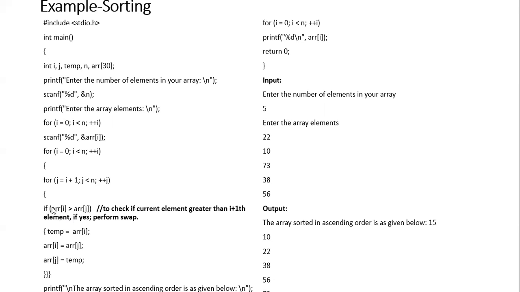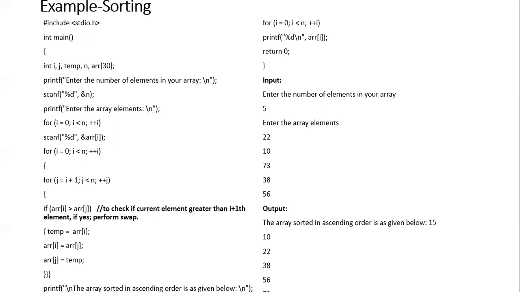In case the first element of the array is greater, you cannot swap directly. Through the program you have to keep a temporary variable and swap. So the ith element of the array, that is your first element, will move to the temporary variable temp.